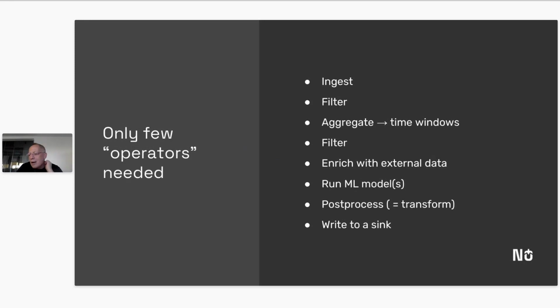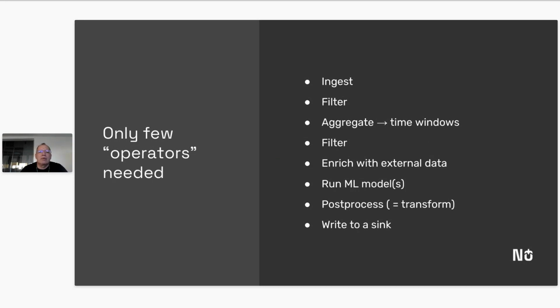Okay. The first observation that comes to my mind, and this is back to the stitchability or composability, is that if you think about the algorithms in the real-time domain, there are just a few operators needed, right? There is an ingest of the data from the data stream or from the request, which invokes the algorithm.